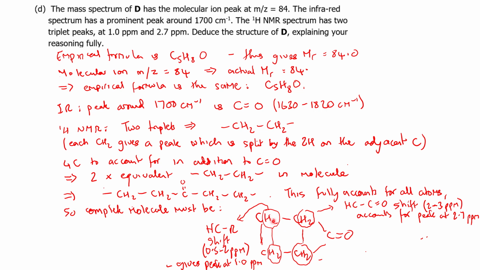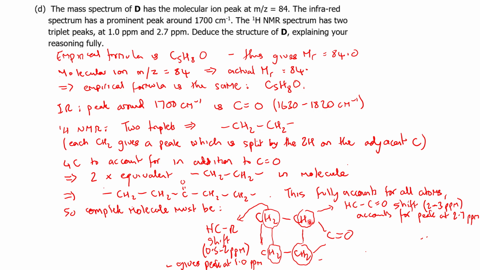This CH2, in other words, has got CH2 this side, and it's also got a CH2 that side. So you'd think, right, well, it's going to be split by those, and then it's going to be split by those. So it's going to be split into at least 5, and possibly more if the splitting's not equivalent from these ones and these ones. In other words, you could have complex splitting.